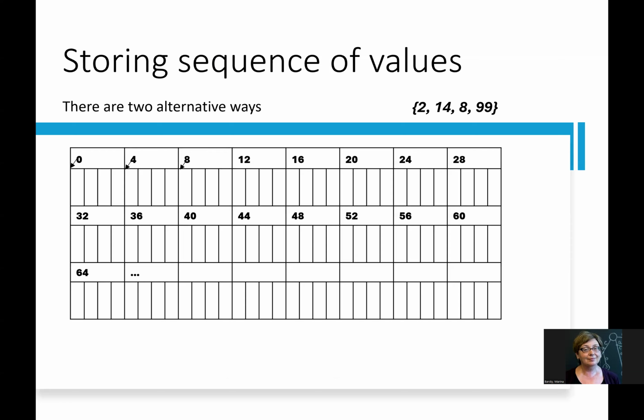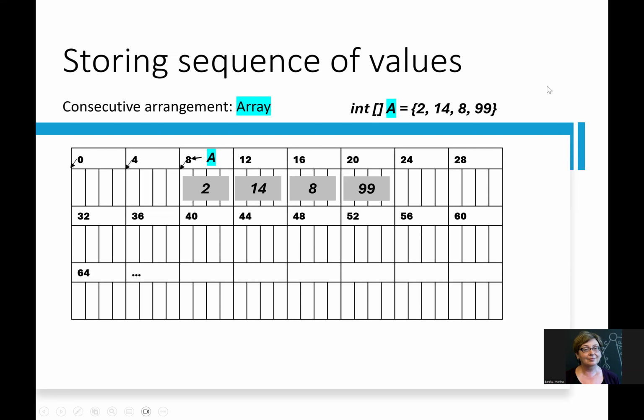If we need our program to store more than a single value, for example, this sequence of integers, we can arrange the data in memory in two alternative ways. The first way to arrange the sequence of values is to place each value one after another, starting at some memory location.